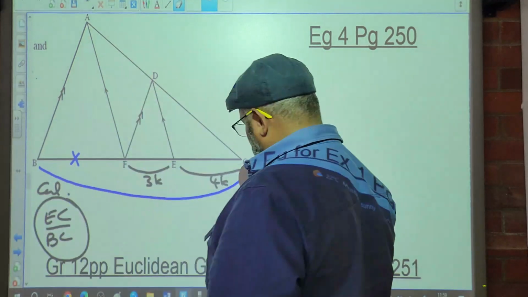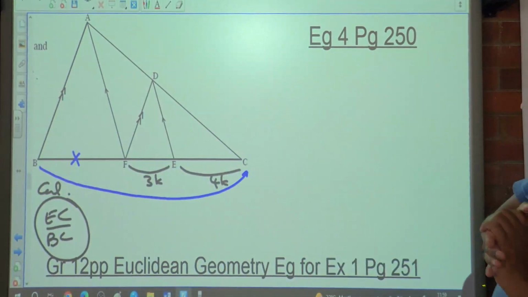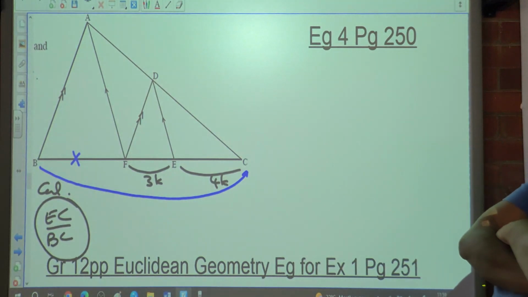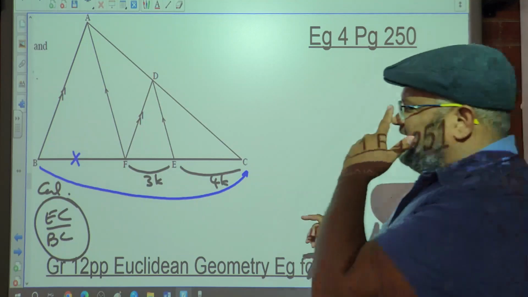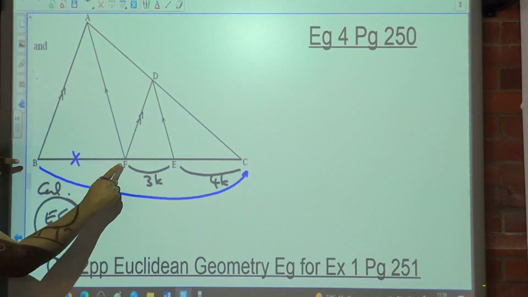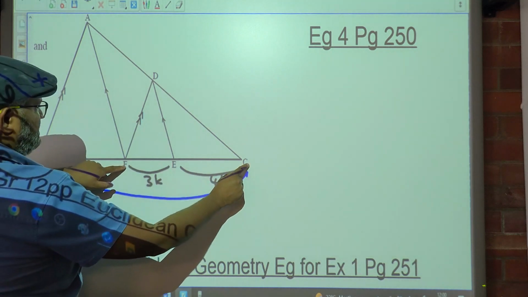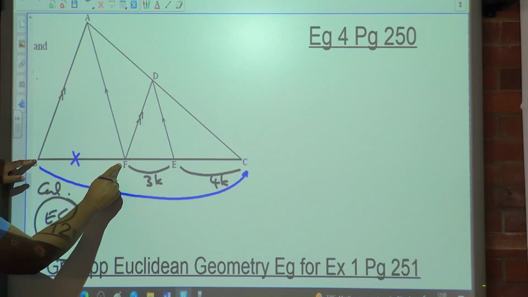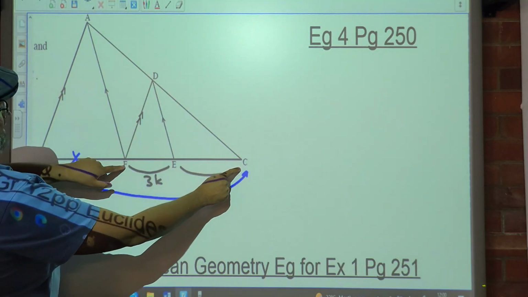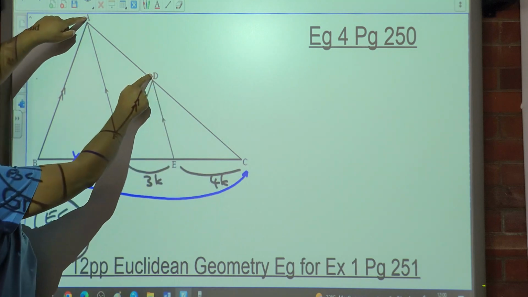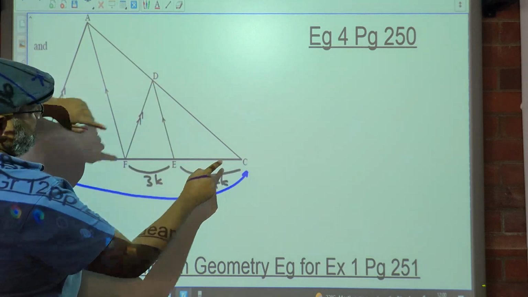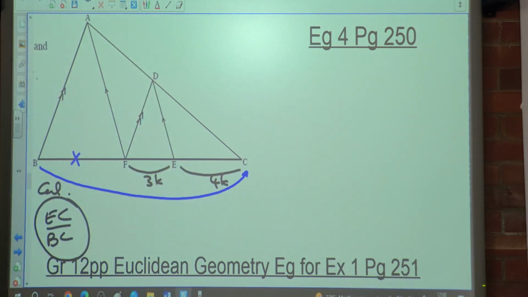Let's move it over so I can have more space. Okay. So where do we start? If we look at BF, these are parallels, no? BF over FC is equal to DA over DC. But do I have AD and DC?